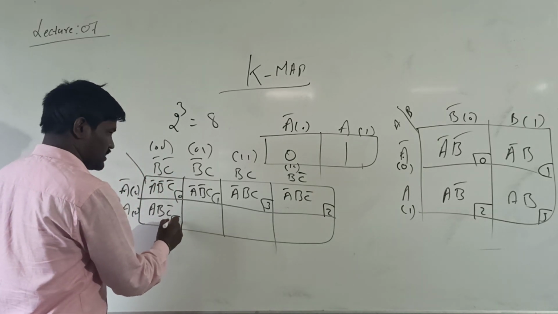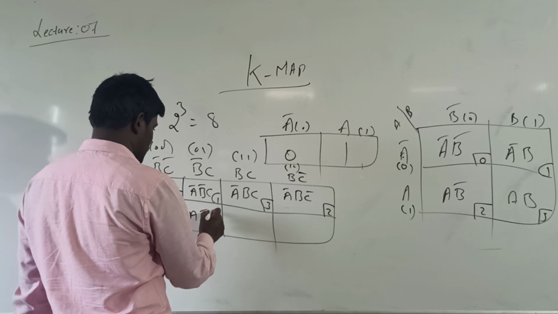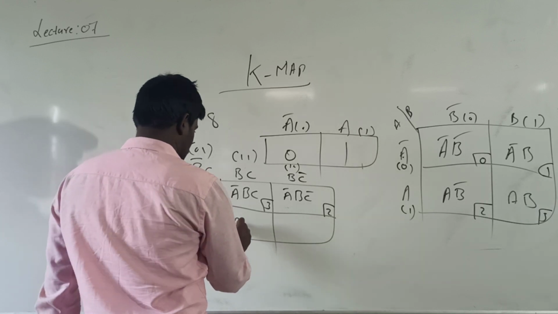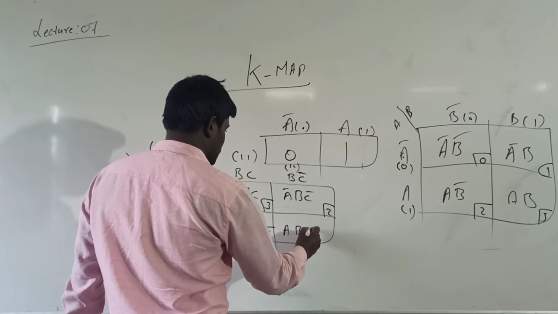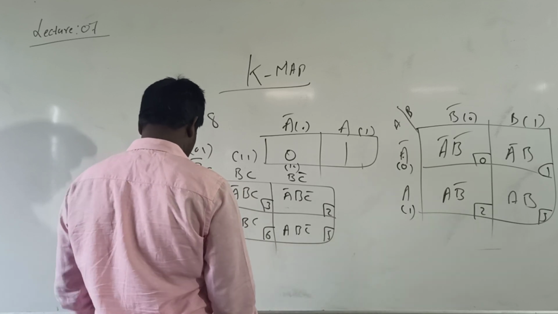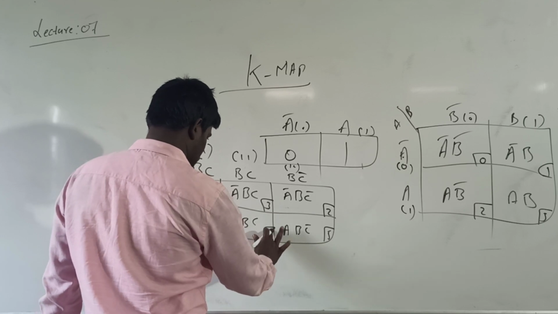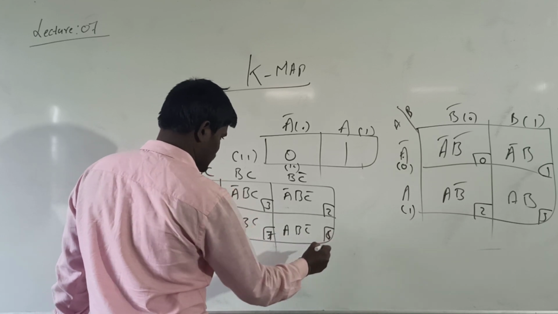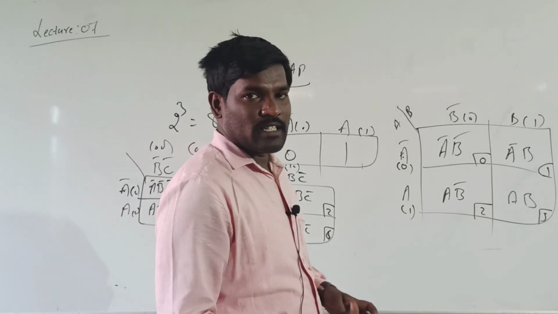A, B, C bar is 6, A, B bar, C is 5, A, B, C is 7, and A, B bar, C bar is 4. So this is the 3 variable K-map.